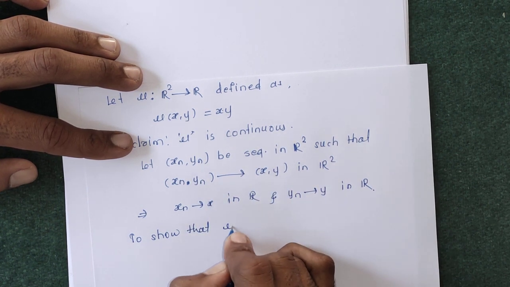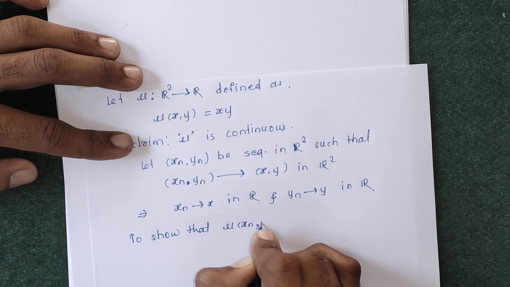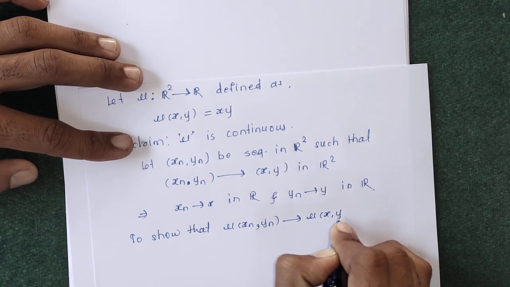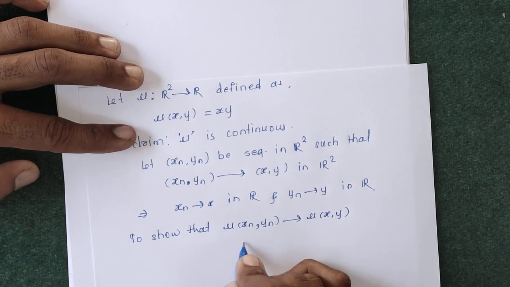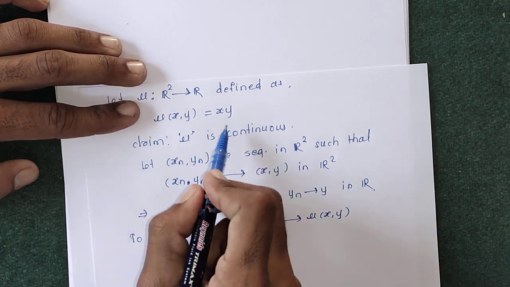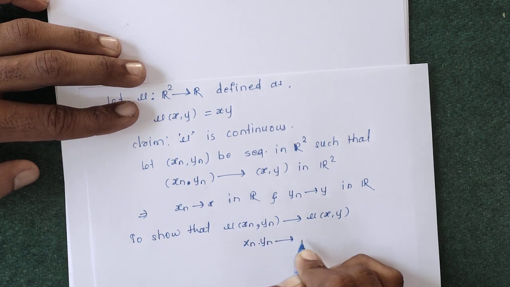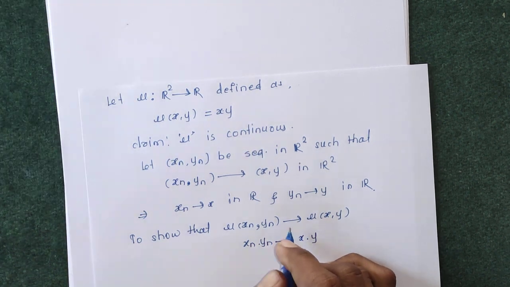To show that mu of (xn, yn) converges to mu of (x, y), we have to show that mu of (xn, yn), defined as xn into yn, converges to x into y.